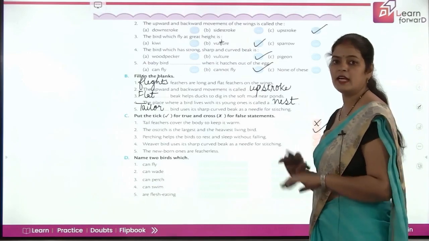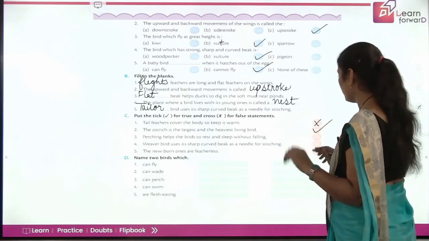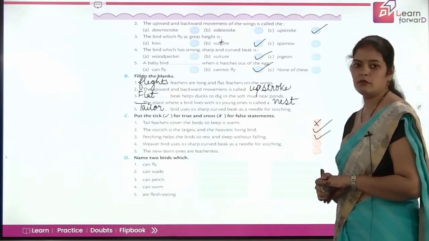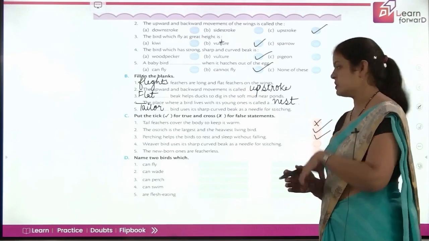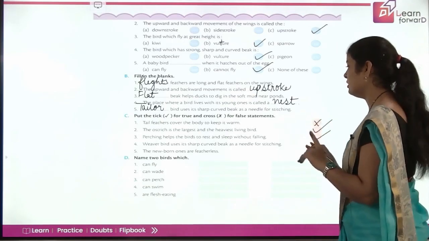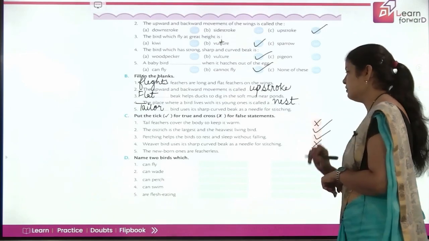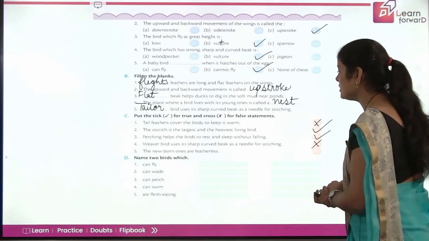It is a flightless bird. Perching helps the bird to rest and sleep without falling. Correct. Perching means strong claws that help the bird to hold onto the branches. Now, weaver bird uses its sharp curved beak as a needle for stitching. No. Tailor bird. Weaver bird makes a cradle shaped nest. Newborn ones are featherless. True.